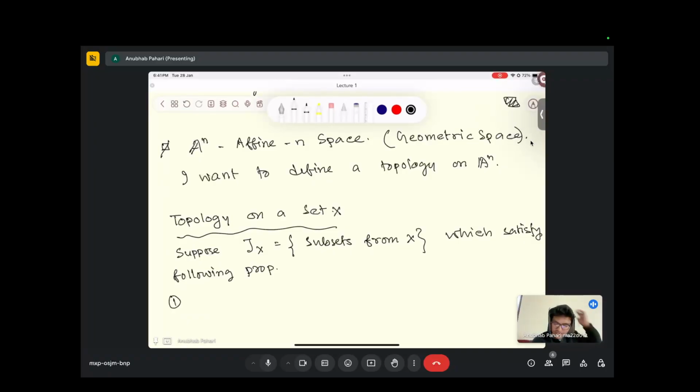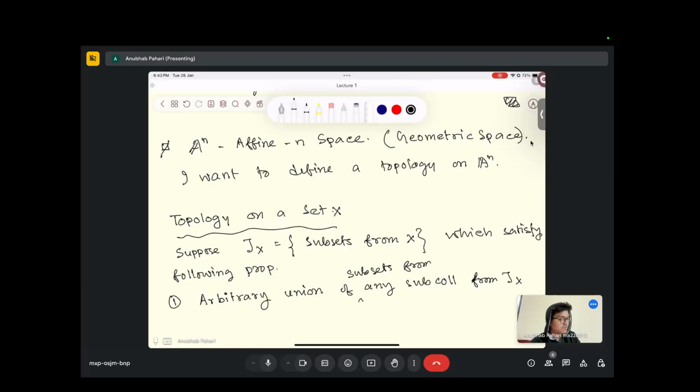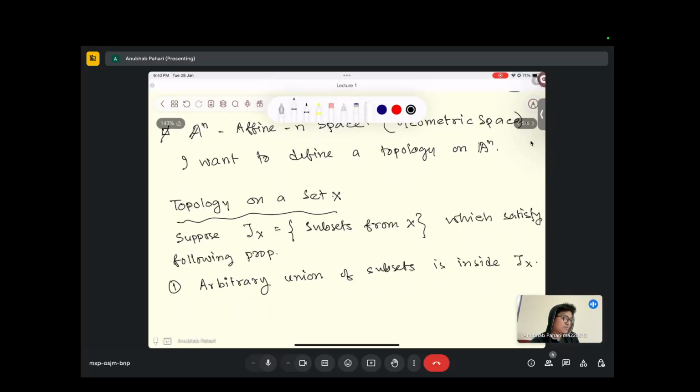You already know what union and intersection are. First, an arbitrary union of subsets from any subcollection of tau X is inside tau X. That is, tau X is closed under arbitrary union.